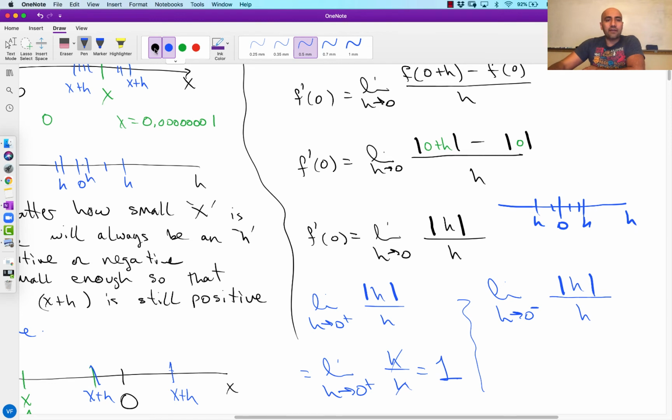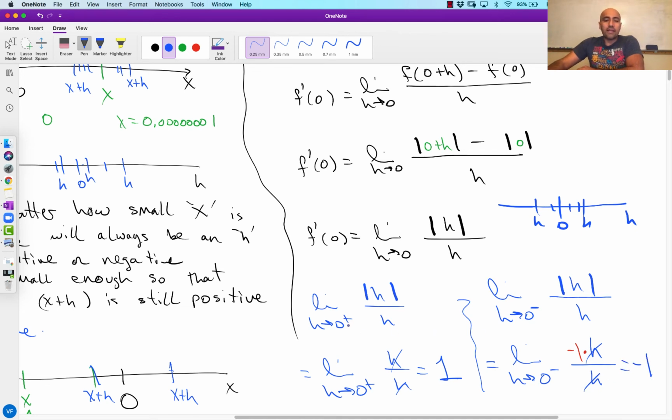If h is guaranteed to be negative, that means that this limit as h approaches 0 from the left-hand side is going to be h, and this is where we have to introduce that extra minus 1. Right? I'm guaranteed that h is a negative number, so the absolute value of the negative number is going to be that number multiplied by negative 1. So in this case, the two h's cancel, giving me negative 1.